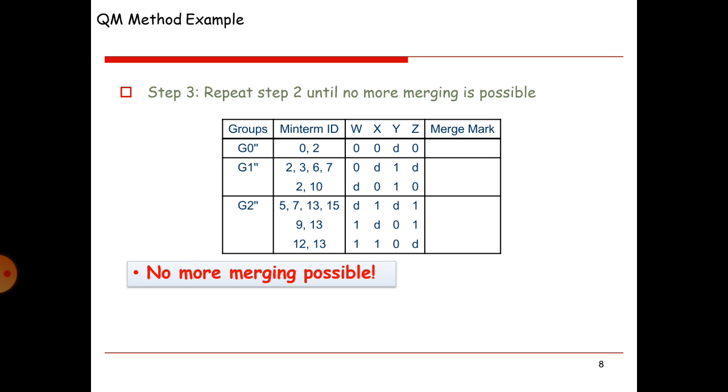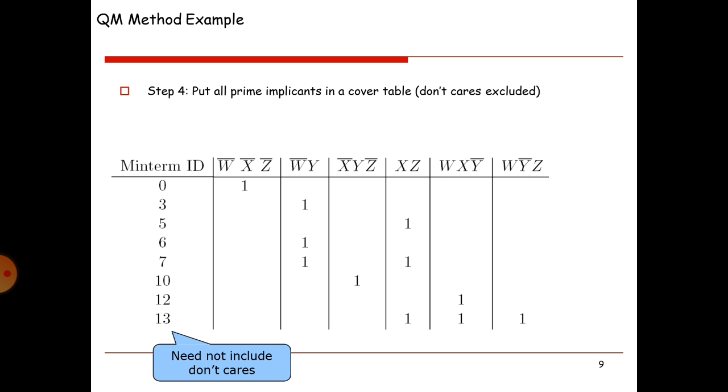G2 double dash means 5, 7, 13, 15, 9, 13, 12, 13. So here minterm IDs are 0 to 13. So the expression is W bar, X bar, Z bar and W bar Y, X bar, Y bar, Z bar and X Z, W bar, X, Y bar, W, Y bar, Z.